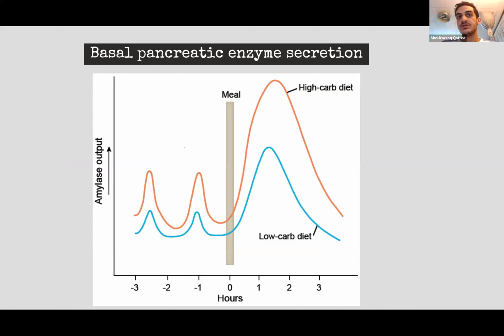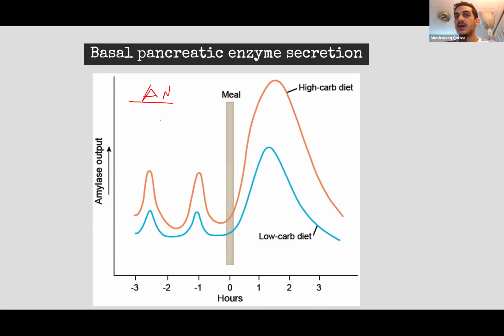This is pancreatic secretion. This graph shows pancreatic secretions in the absence of food. The left side is the absence of food, which is no food. And the right graph is when you eat food. If you notice, there are spikes on the left side when there is no food.